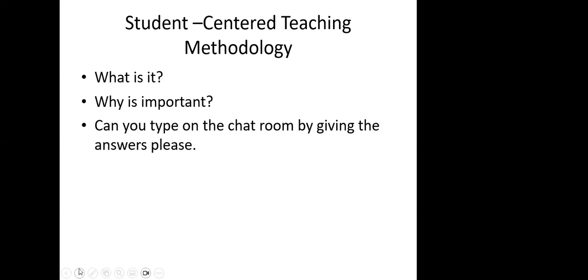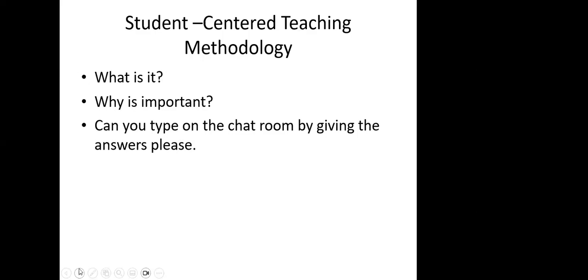As we know, for many years, for decades, we were just using the old system of teaching, that is the teacher-centered teaching methodology, in which a teacher was there just to dictate, to impart knowledge to learners, and not to make learners engage and share some skills, ideas, and knowledge from the lesson.